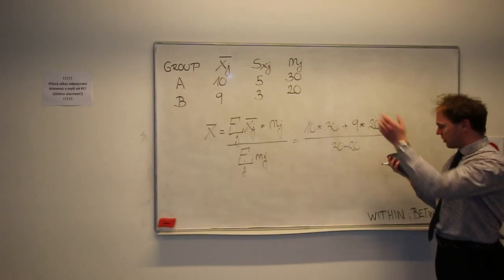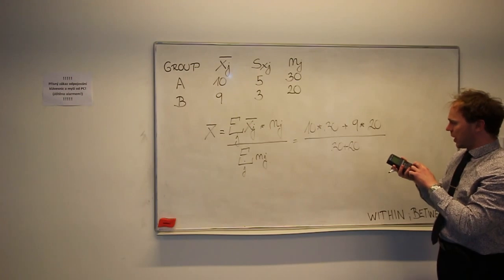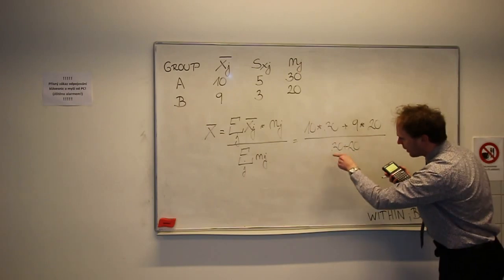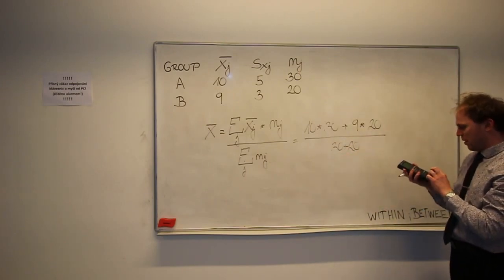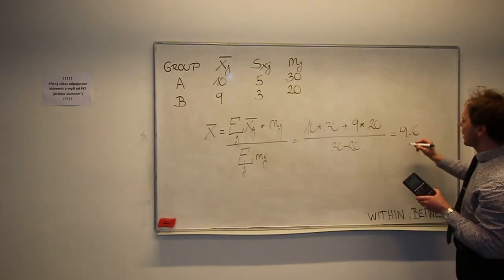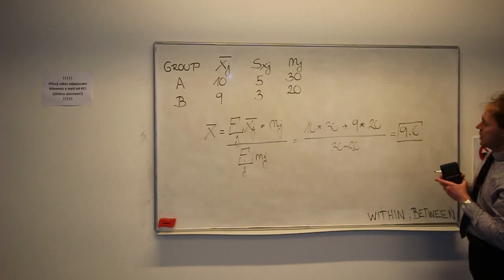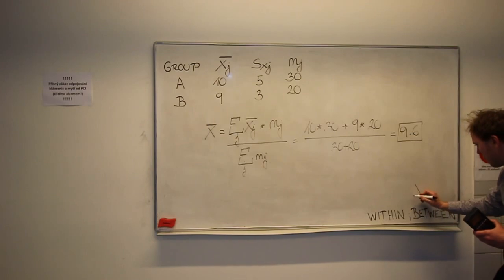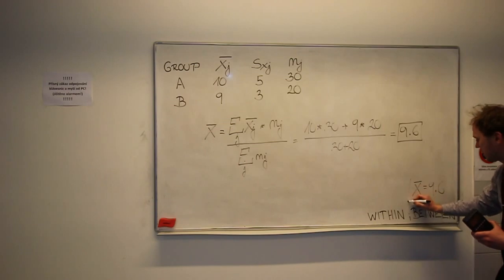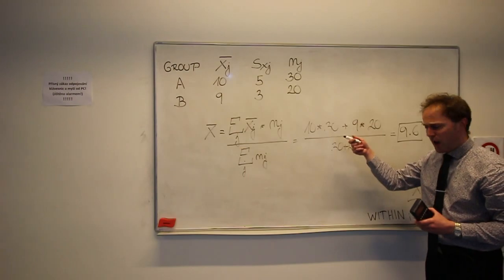In the numerator, 10 times 30 plus 9 times 20 is 480, divided by 50, and the result is 9.6. So this is easy. This is the total mean. I can write it here: x with stripe is equal to 9.6.